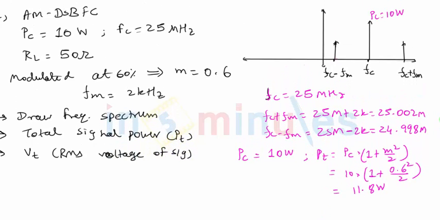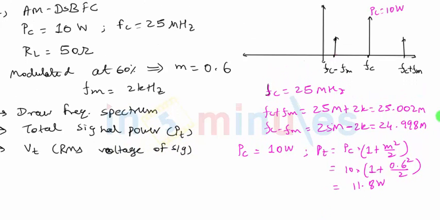Now there are various ways in which you can find the sideband power. A very logical way would be to first find the total sideband power, which is the total power minus the carrier power. The total power is 11.8 and the carrier power is 10, as given in the question. So the total sideband power becomes 1.8 watts.